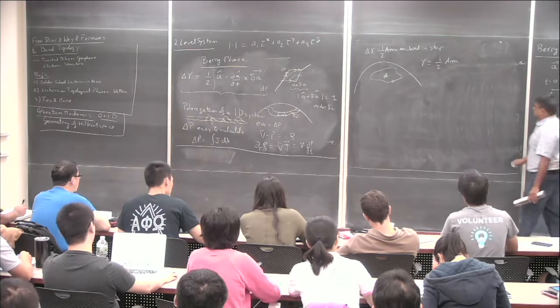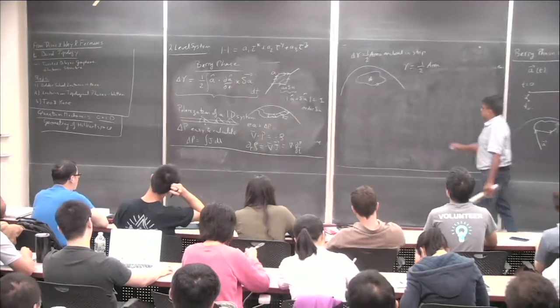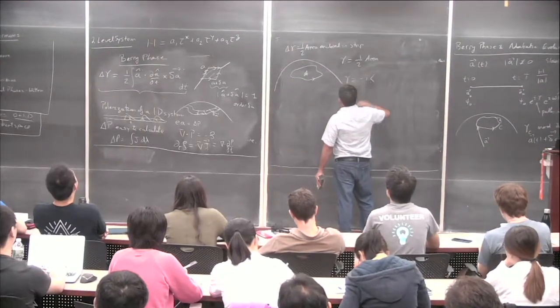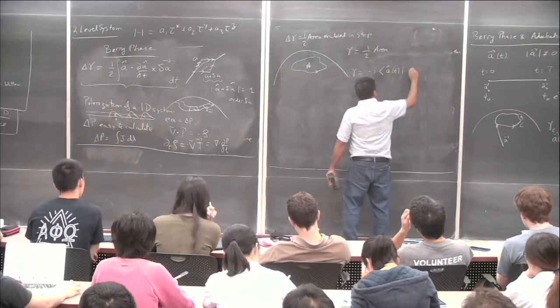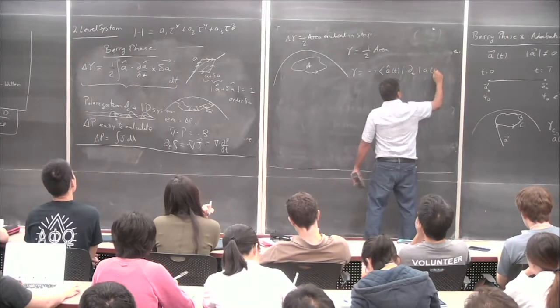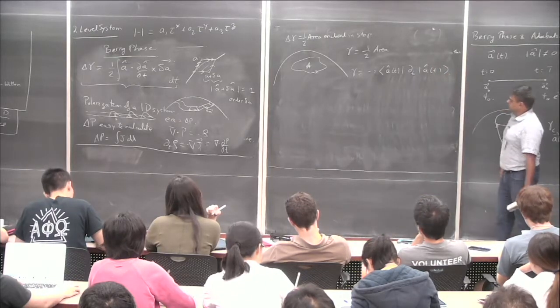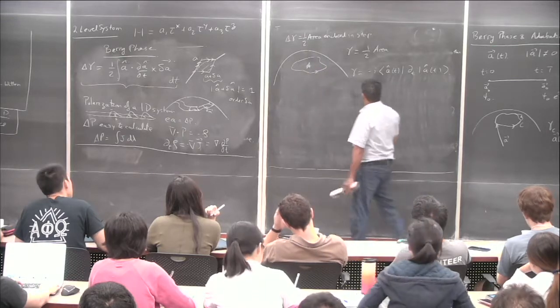You can write this in a slightly more sophisticated form, which we'll call the connection. You have some state A. You look at its overlap with the state at a slightly different time. These are all the pieces of the phase that you have to pick up.